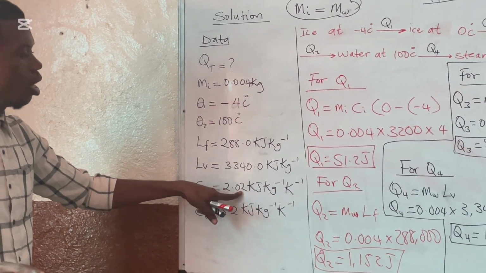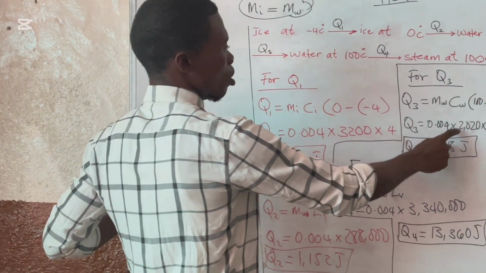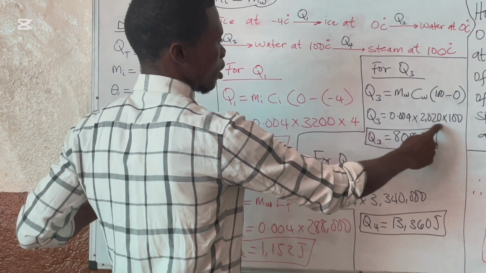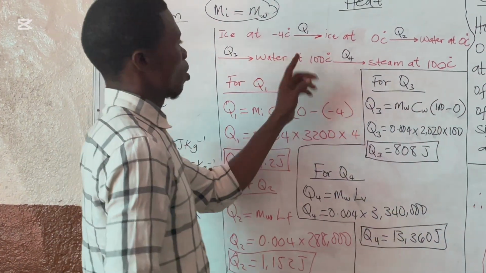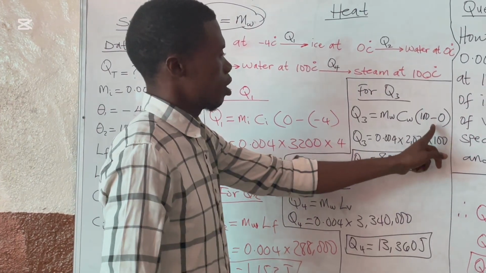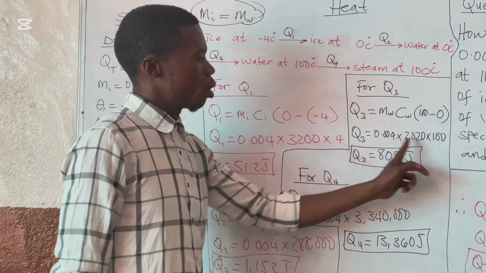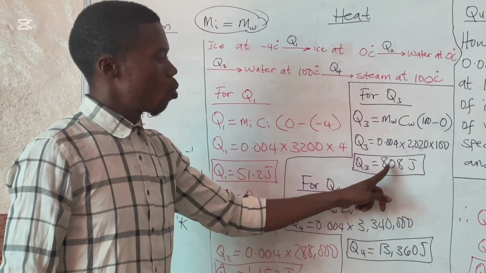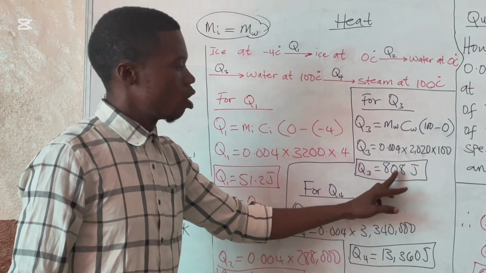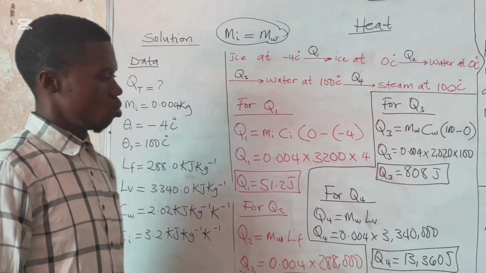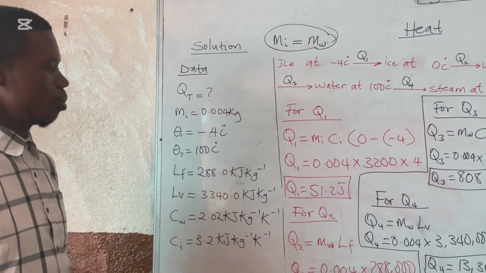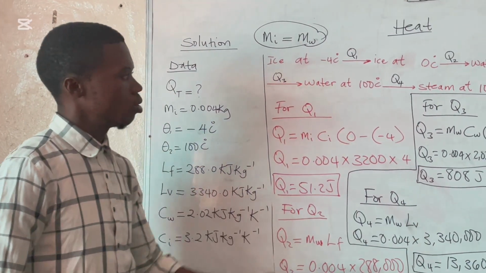Convert that again, we get 2020. The difference in temperature, 100 degrees Celsius minus 0 degrees Celsius, we get 100. We will multiply all these values here. We get 808 joules for Q3.